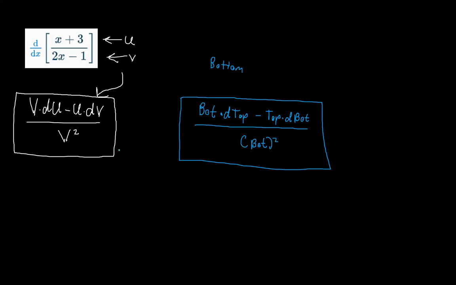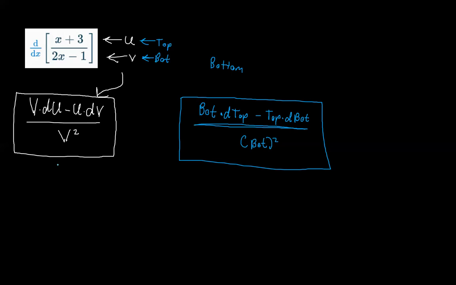Instead of this one, if you're having a hard time in terms of lettering. So to sum it up, this is the formula of the quotient rule: bottom, and this one is your top. That's it. Simple. So it's up to you.